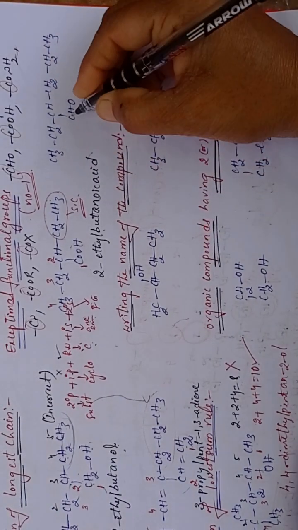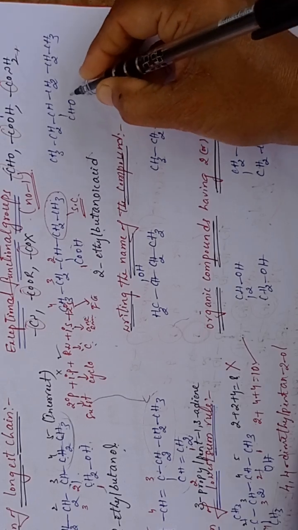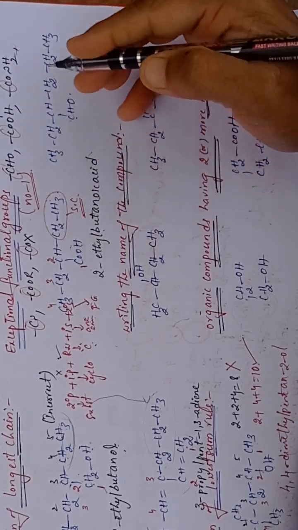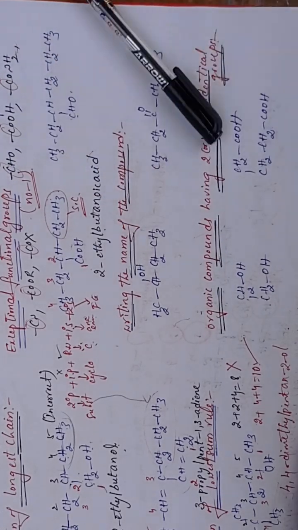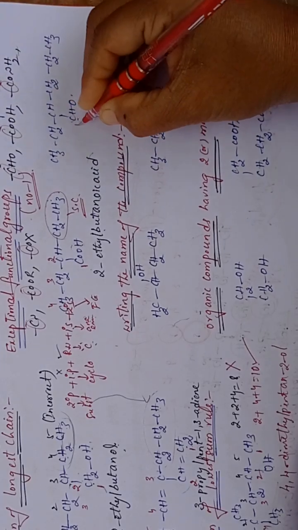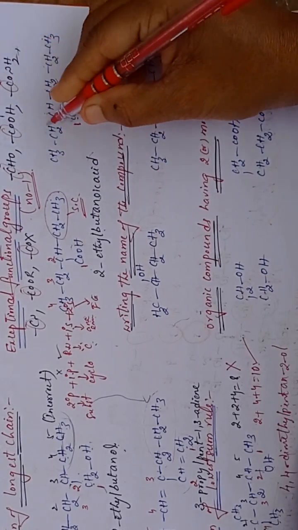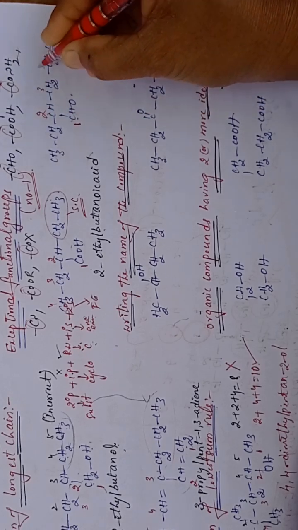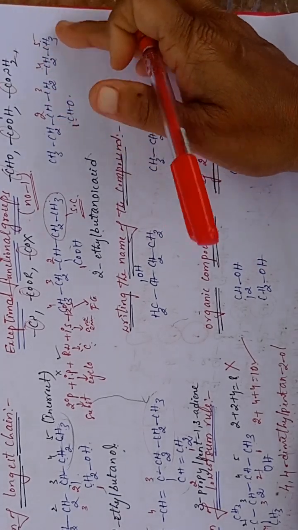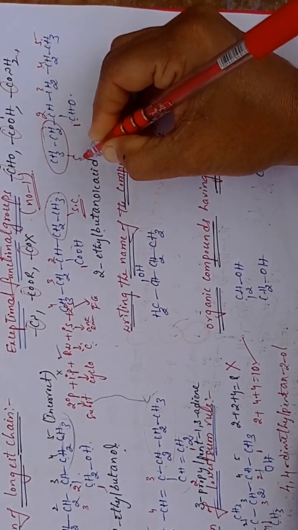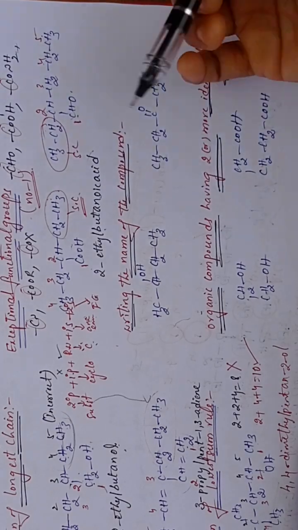Now here, how to give the numbering, students? Here the CHO functional group is there. It starts with the carbon, so you have to start the numbering from here. From this carbon you have to number 1, 2, 3, 4, 5. Here the maximum number of carbon atoms are there, so this one we have to select as the parent chain, and this is the side chain. Then what is the name of the compound?